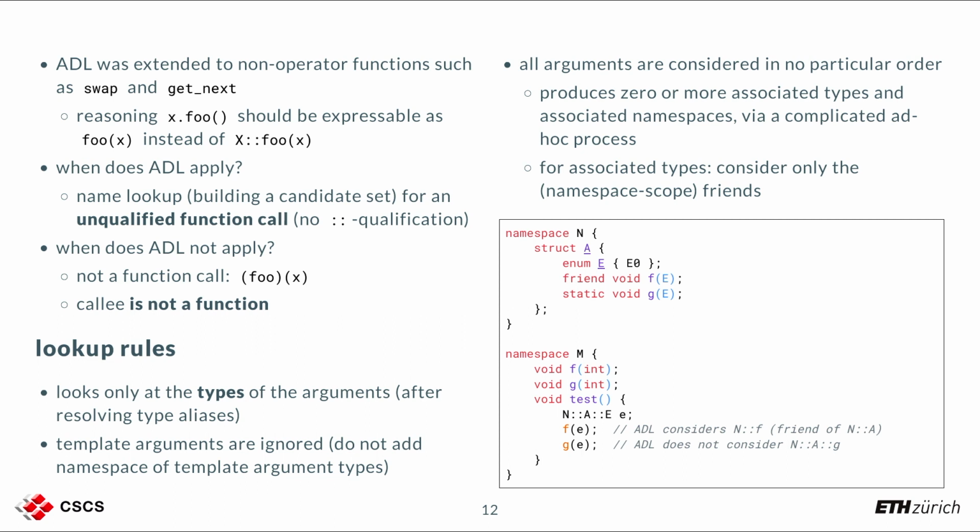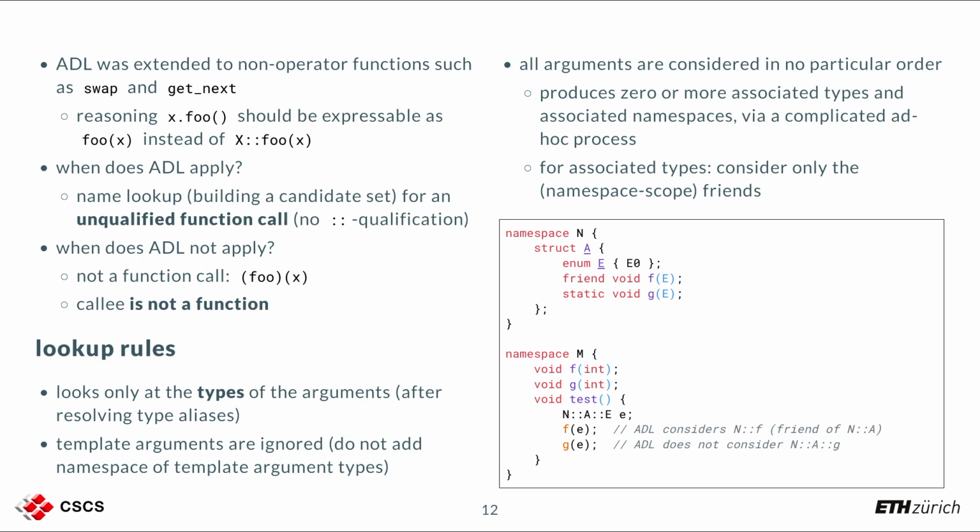So associated types are illustrated here. This is a struct A, which has an internal enum E. So if we then call G on E, E is an associated type of A. Let's go to F first, because F is a friend.